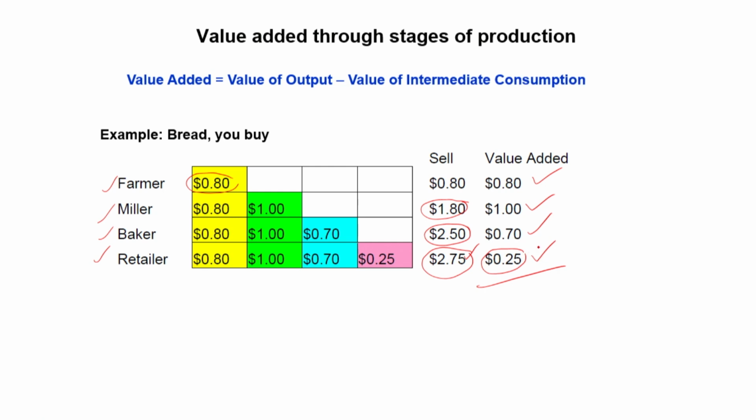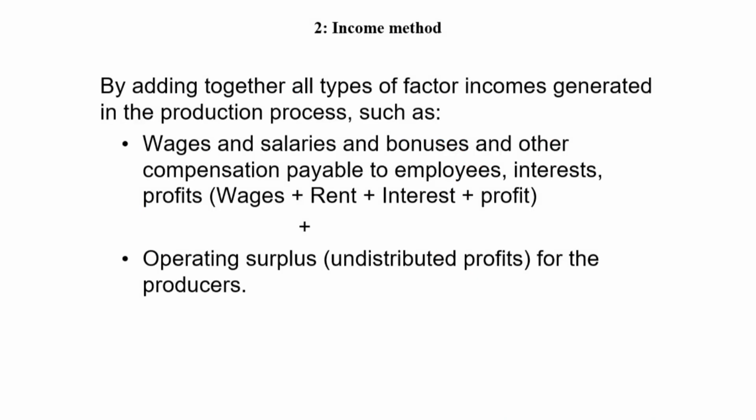When you add these, you get the total value addition of 2.75, which is the total value of this particular good. Instead of directly measuring it from the retailer, we need to see the value added by each economic agent in this process.